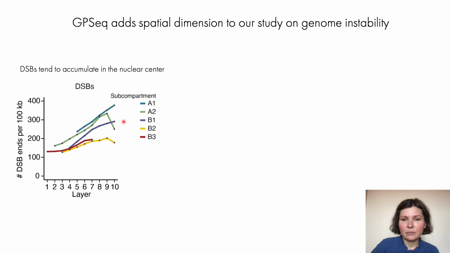On the other hand, when we looked at radial distribution of endogenous DNA double-stranded breaks, we could see that those tend to accumulate more in the very center of the nucleus.